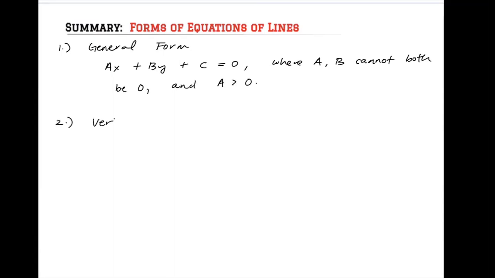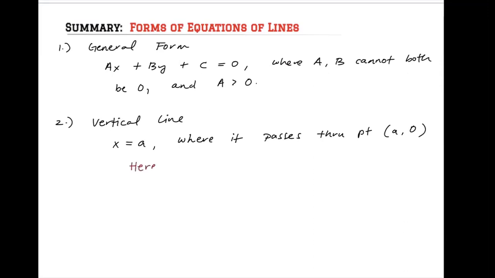For the vertical line, that's the equation of the form x equals a, where it passes through the point a comma 0. And then here you want to know here m is undefined.